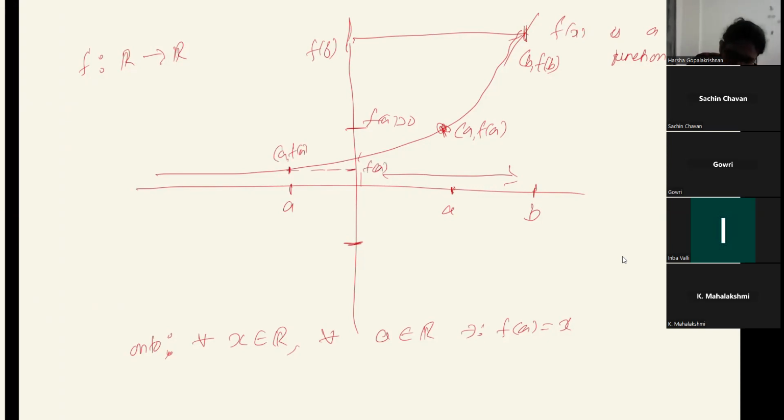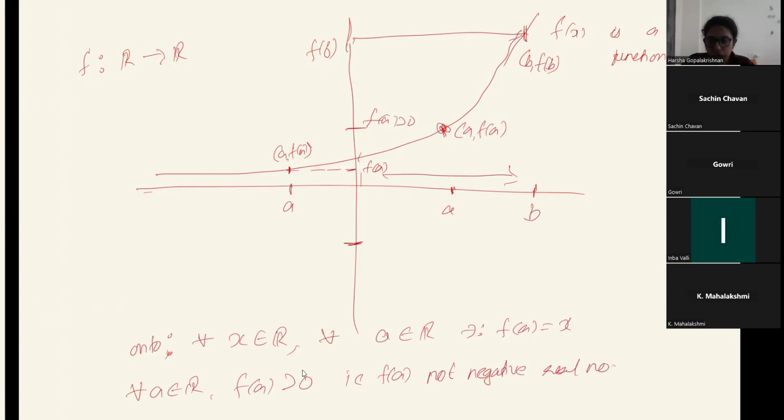So whatever A value I am taking, for all A in R, from the graph we can see that f of A is always positive, not a negative real number. So whatever image we are taking, it is a positive real number.